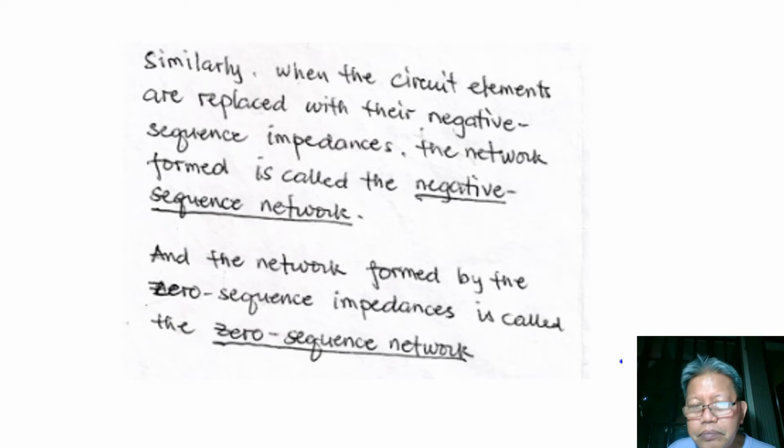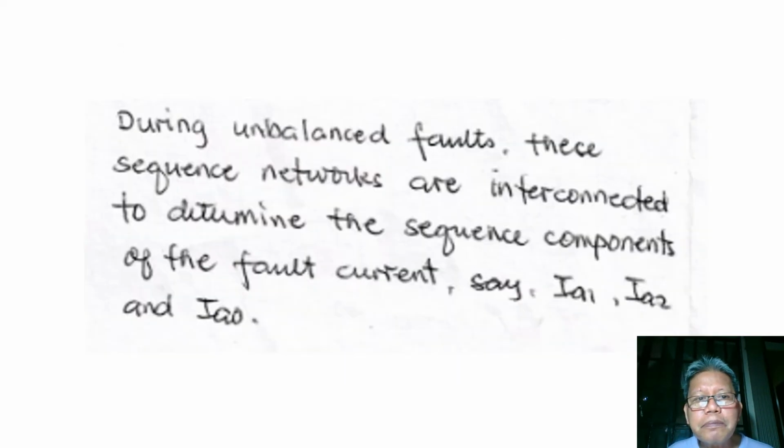When analyzing short circuits, we will be considering all of these: the positive sequence network, the negative sequence network, and the zero sequence network. During unbalanced faults, these sequence networks are interconnected to determine the sequence components of the fault currents, say IA1, IA2, and IA0.